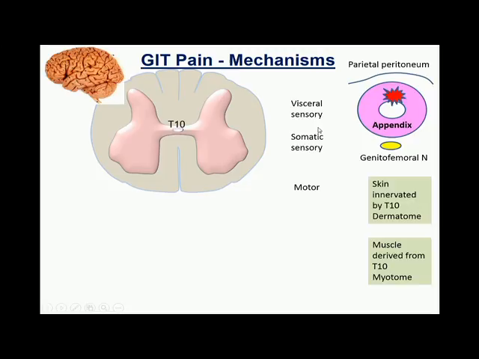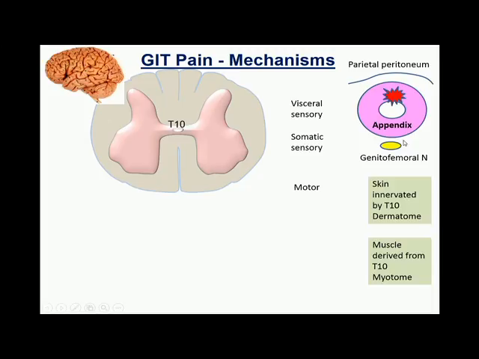All right, so here's the appendix. That's the lumen of the appendix. The pink area is the wall of the appendix. That's the parietal peritoneum overlying the appendix area on the right iliac fossa, covering the abdominal wall there. Behind the appendix you have the psoas major muscle, and I'll come back to this later in the lecture.